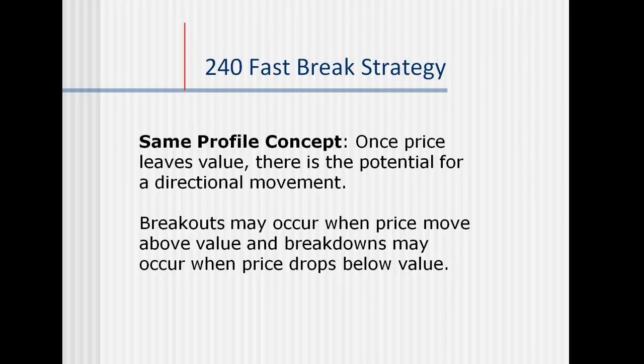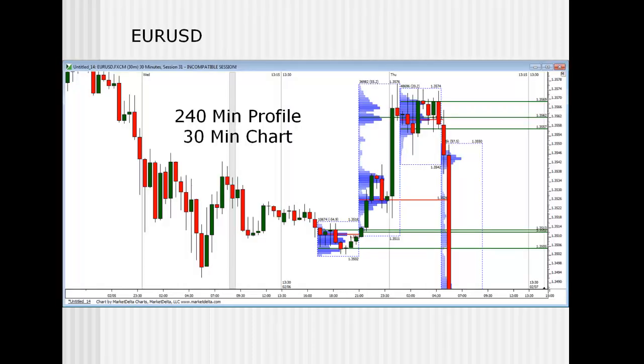So if we are above value and prices continue on higher away from value, we have a breakout to the upside. If, on the other hand, prices have dropped below value and we have a breakdown, then prices are going to continue moving away from value to the downside. We would say that there is negative pressure in the market, or there is heavy supply, lots of sellers, and that would be the scenario that would push prices away from value and cause them to continue to move lower.